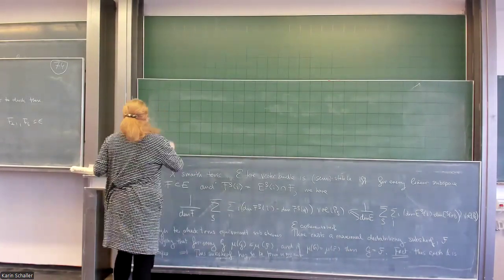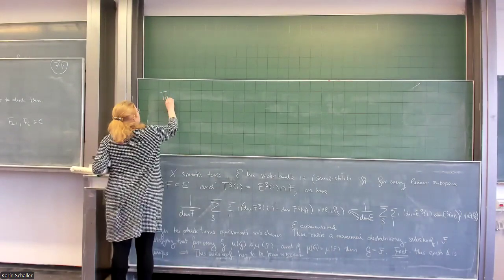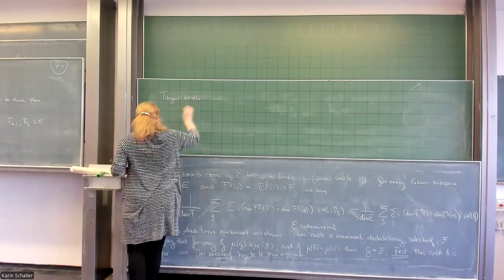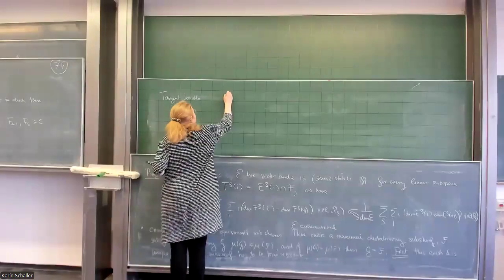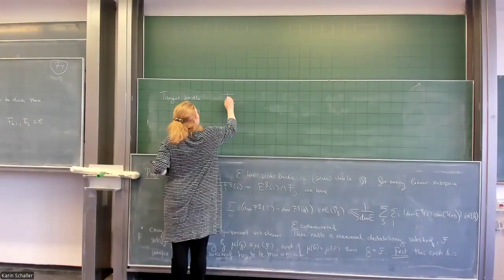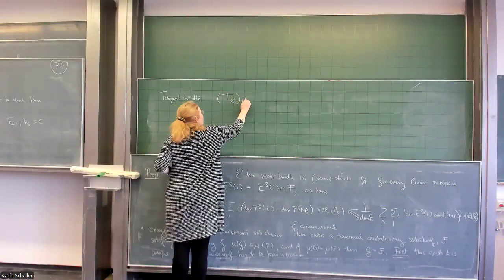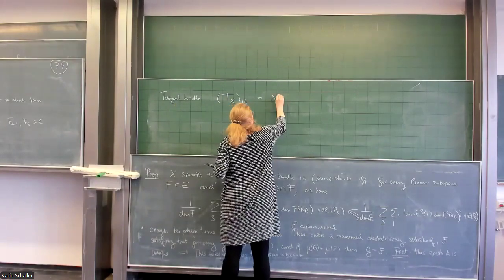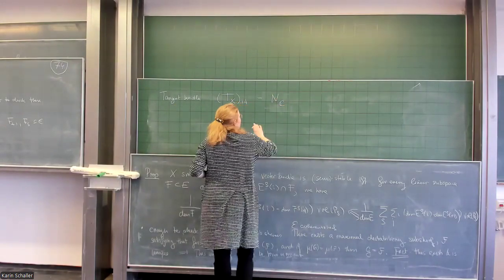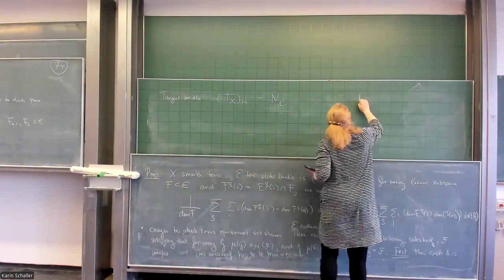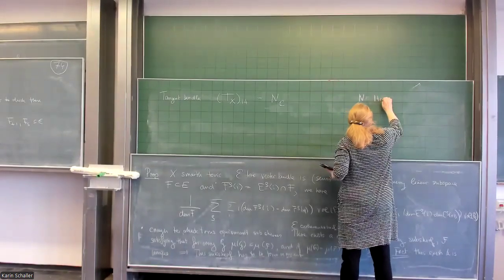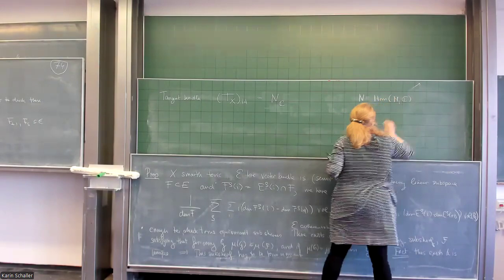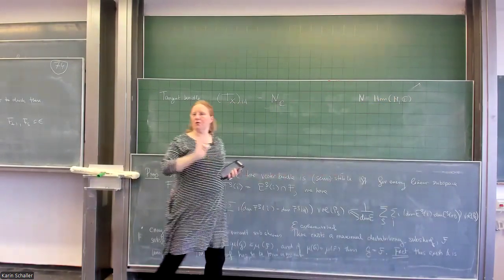Okay, so in the tangent bundle case, what does the tangent bundle correspond to in the correspondence? The fiber of the tangent bundle over the identity you can think of as N_C. So N_C, these are the one parameter subgroups of the torus.